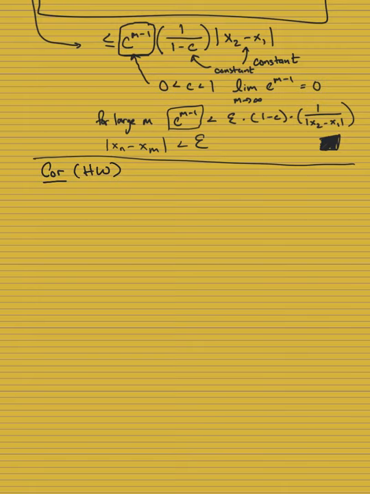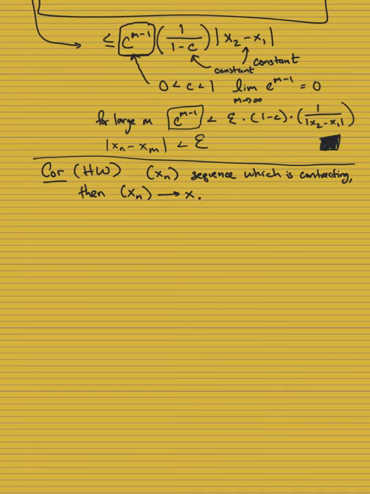So notice what this means is that if x_n is a sequence which is contracting, well, then in particular x_n converges, so we know this goes to x. But actually we know that it converges very quickly.